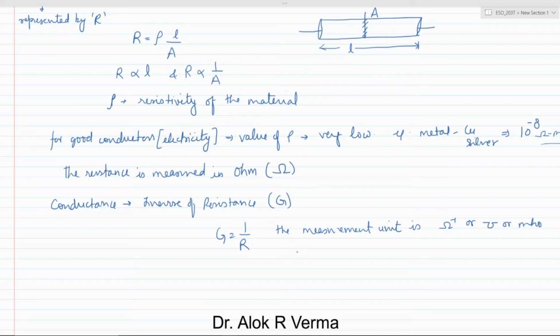It is also denoted as Siemens, which is represented by capital S. Okay, so this is the conductance.